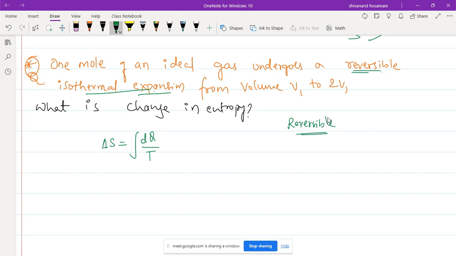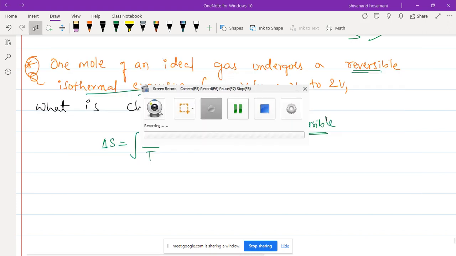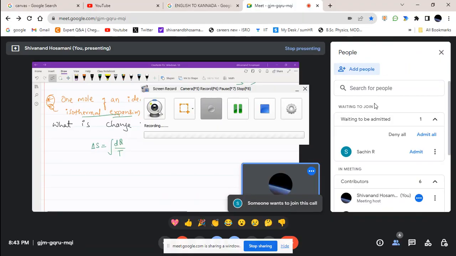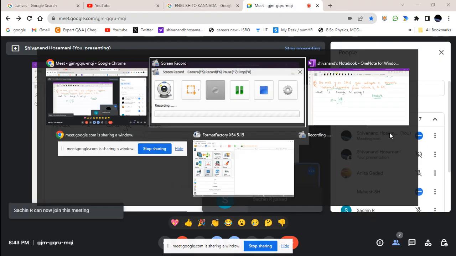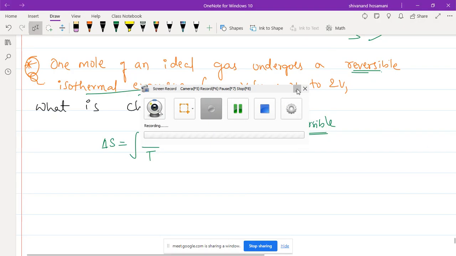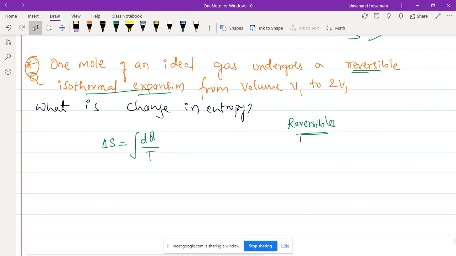And it is reversible and isothermal expansion, isn't it? So if we have mentioned that it is isothermal, therefore the change in internal energy is going to be 0, isn't it? So for reversible isothermal, delta U is going to be 0.